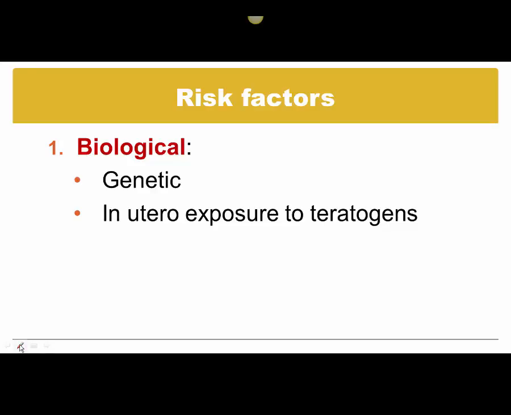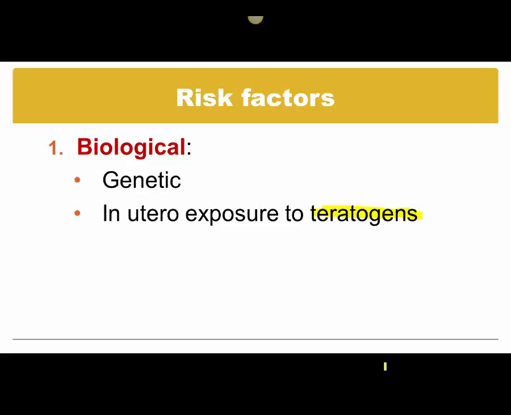Exposure to teratogens during gestation may also result in developmental delays. Teratogens are agents or factors or chemicals that cause malformation of an embryo. These risk factors clearly affect the biology and physiology of a child, including the development and functioning of the nervous system.